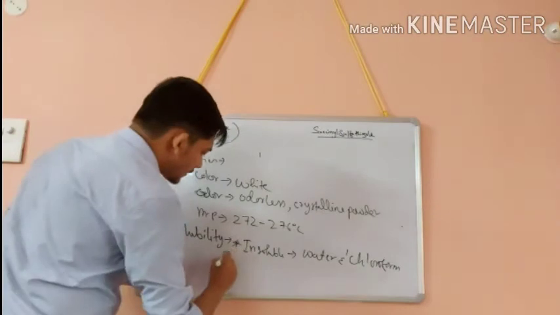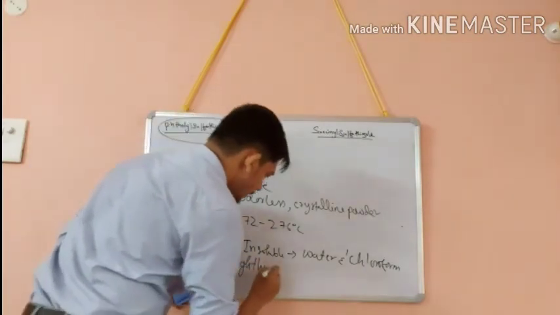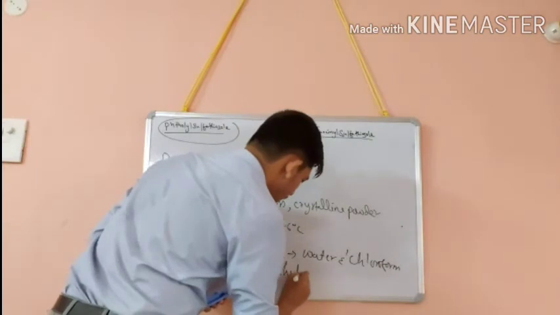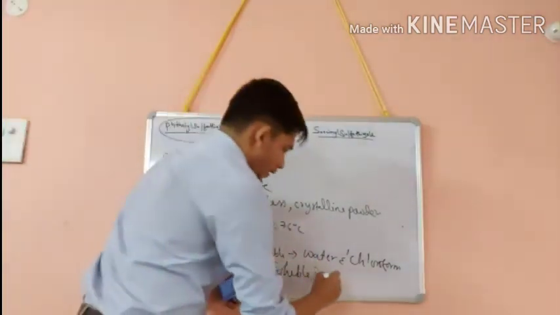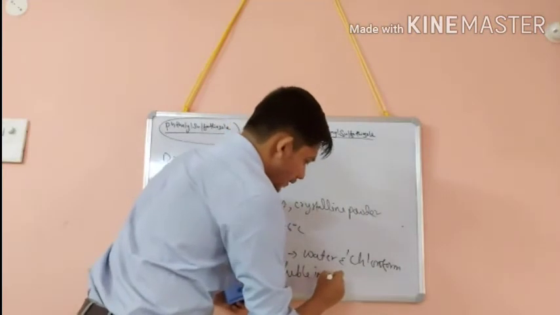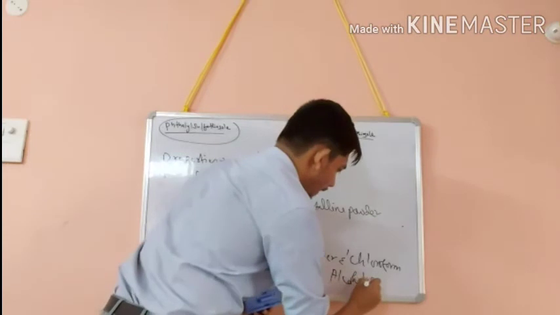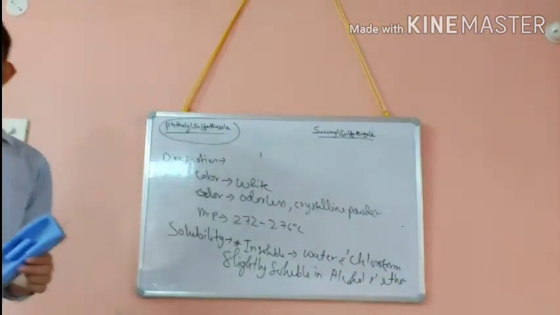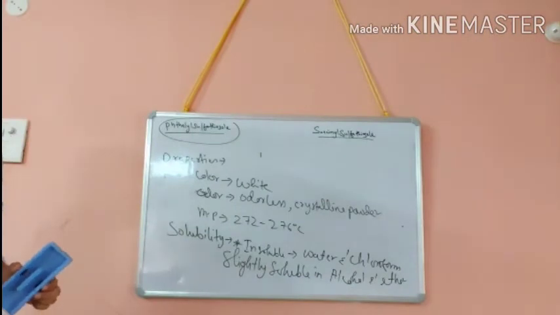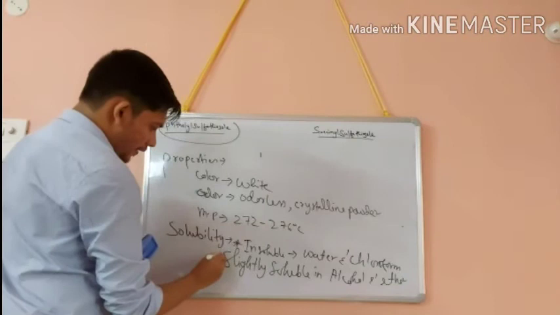Then it is slightly soluble in alcohol and ether. So it is slightly soluble in alcohol and ether, this is the second point.